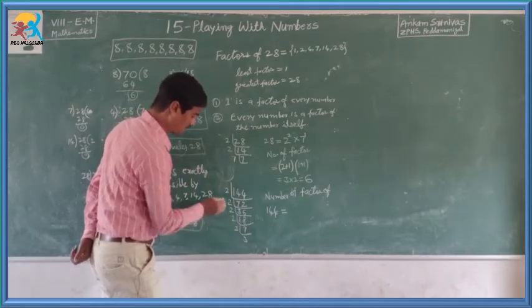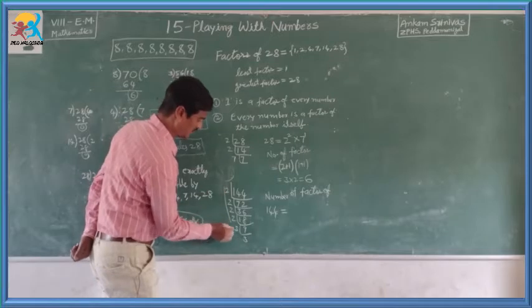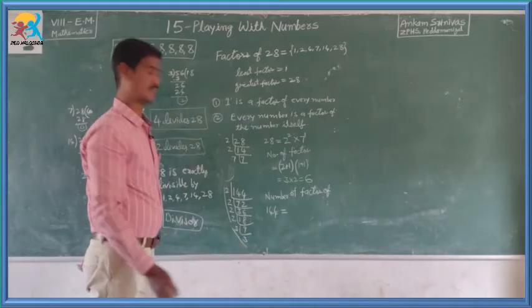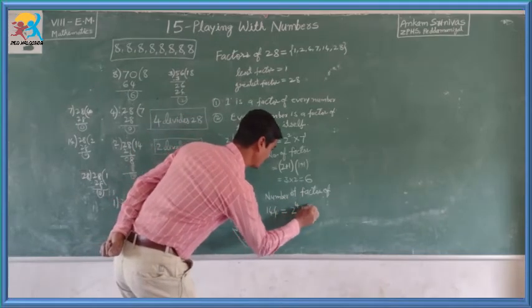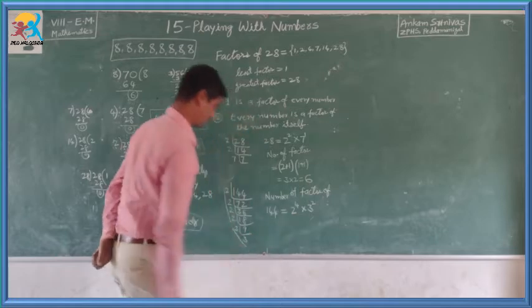What is the prime factorization here? 2 power 4 into 3 power 2.